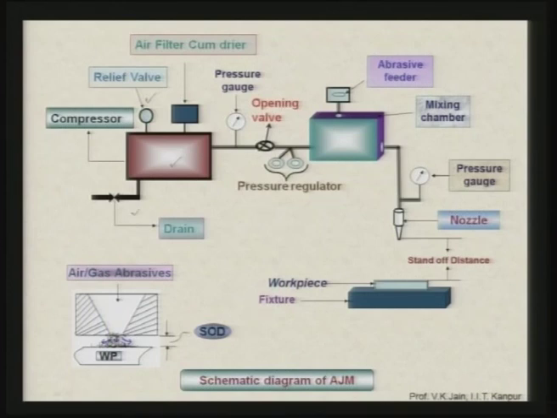Then drainage is connected to this reservoir, and there is another very important element, the air filter cum dryer. The air which is going ahead should be filtered and dried. If it is not dried, then you will not get a good performance in the abrasive jet machining process.